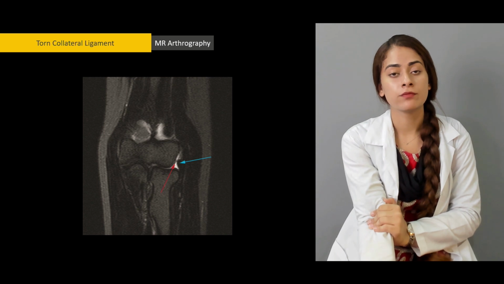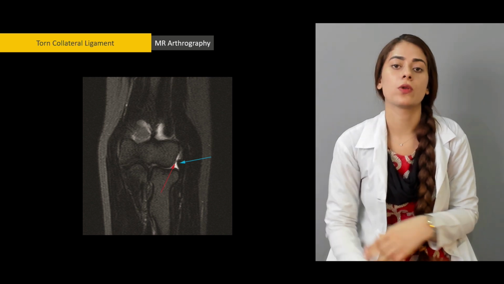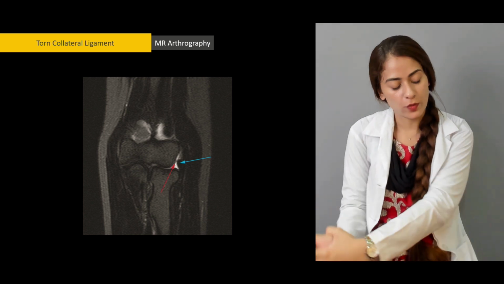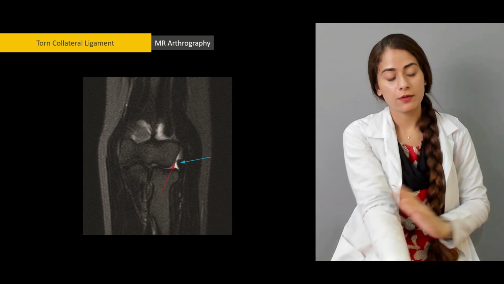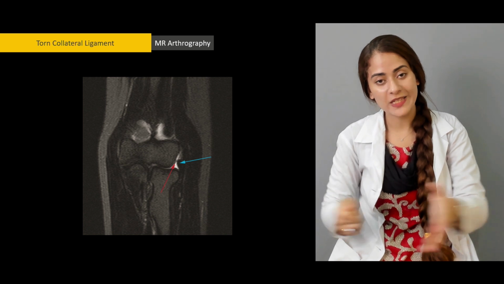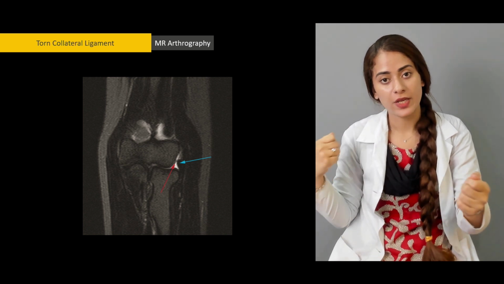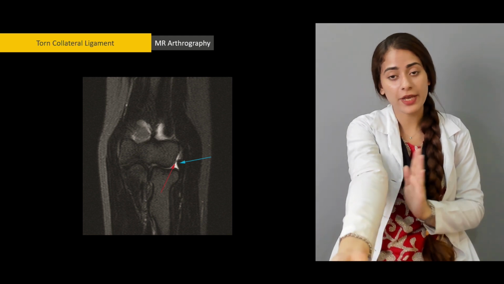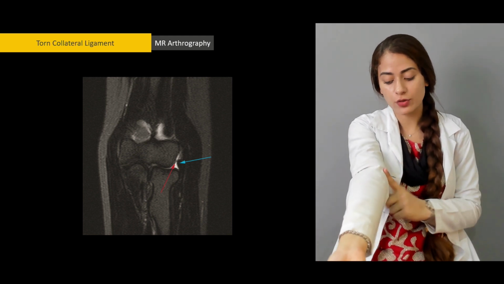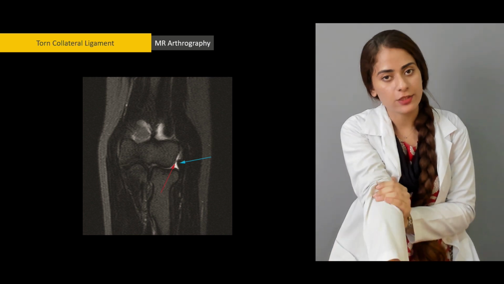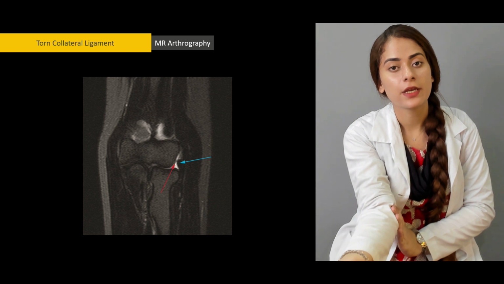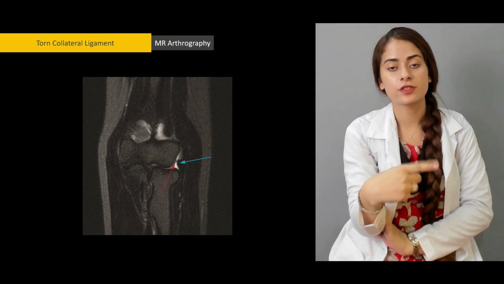And then we have medial epicondylitis, which is called golfer's elbow. The reason is that when we're playing golf, when the ball is hit with the golf club, the stress is going to be placed on the medial aspect, because this is how you play, right? So the medial aspect is going to be under constant stress.